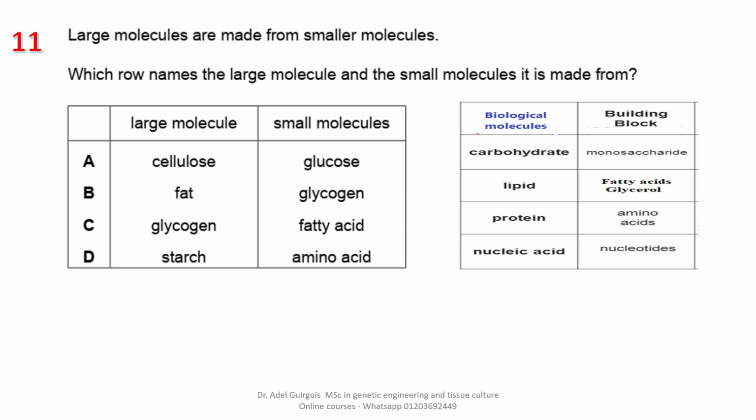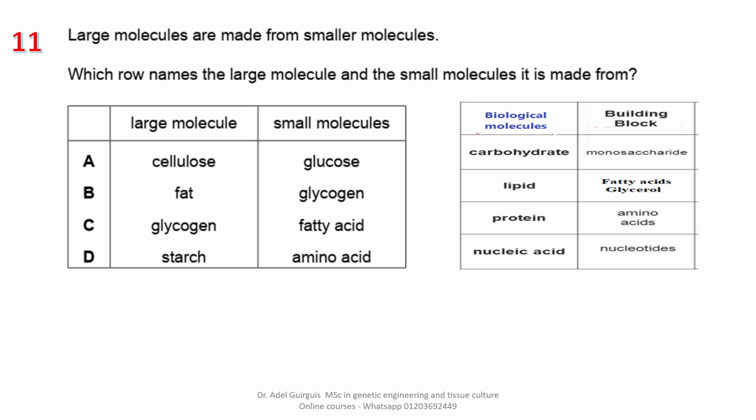Its building unit is called a monosaccharide. Lipid is formed from fatty acids and glycerol. Protein is made from amino acids. Nucleic acid is made from nucleotides.